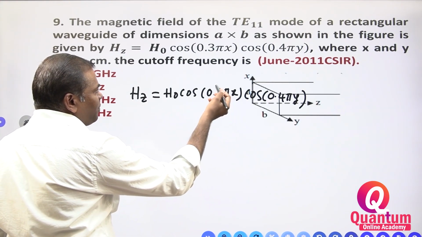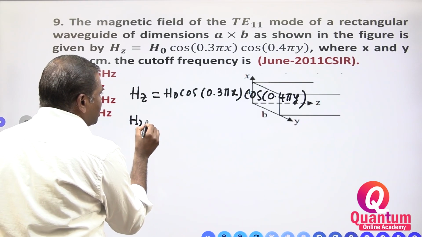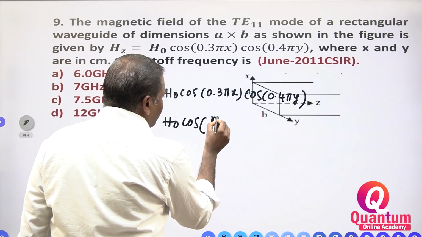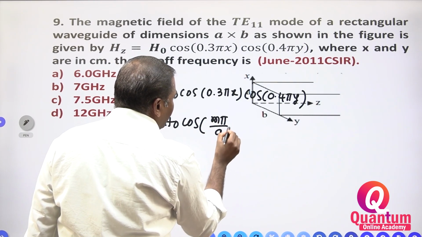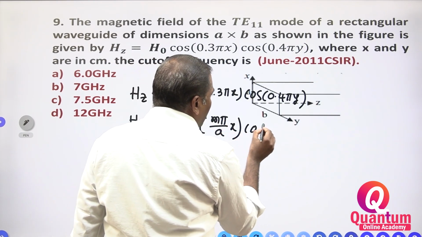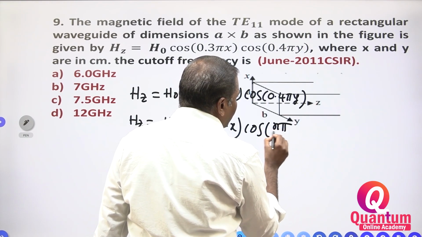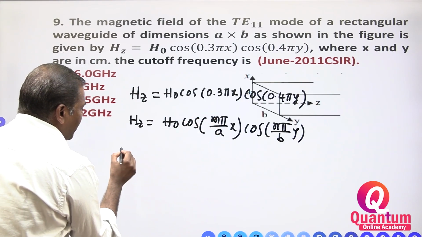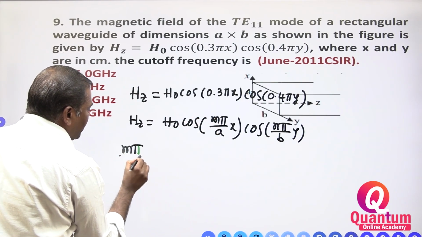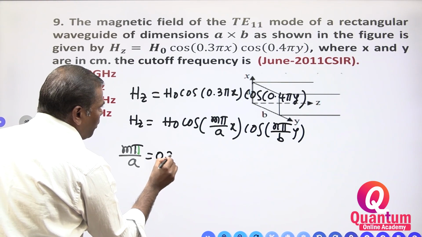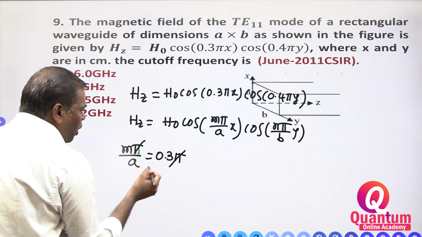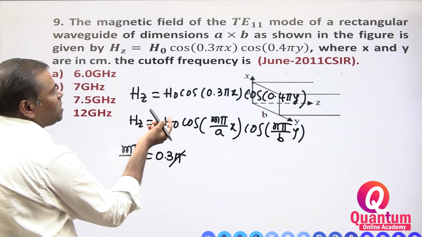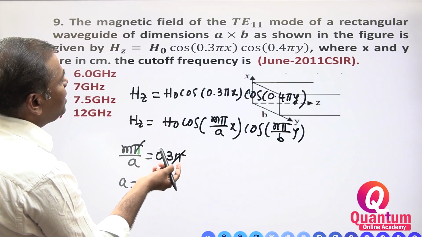The dimensions a and b are there. Hz is equal to H0 into cos(m pi by a into x) cos(n pi by b into y). You have to compare. Now take m pi by a equal to 0.35, where pi gets cancelled. The dimension a, with m equal to how much, Nana?